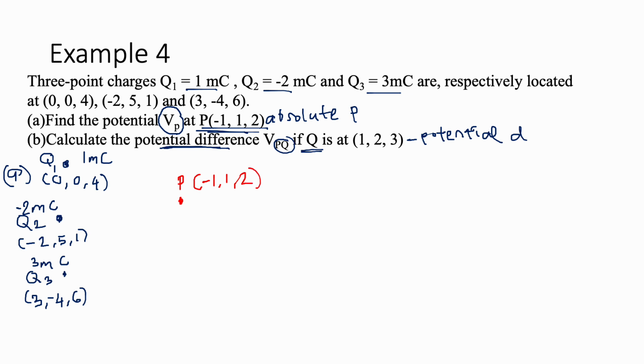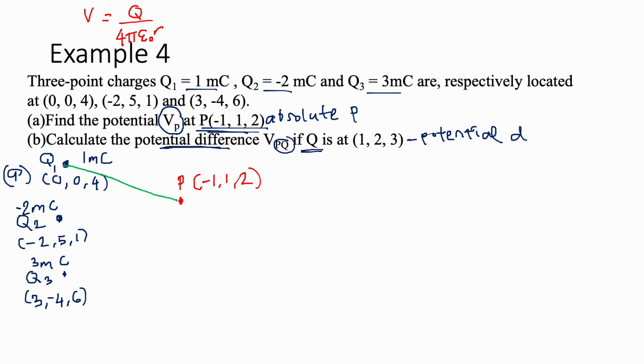Now we know the equation for absolute potential for a point charge is given as V equals Q over 4 pi epsilon naught R. So we need to know R, the distance from Q1 to P. How do we find the distance from Q1 to P?